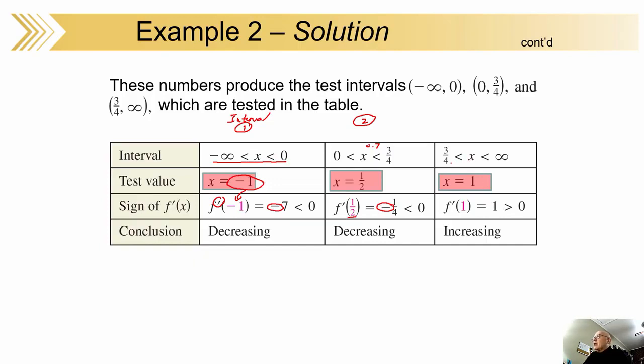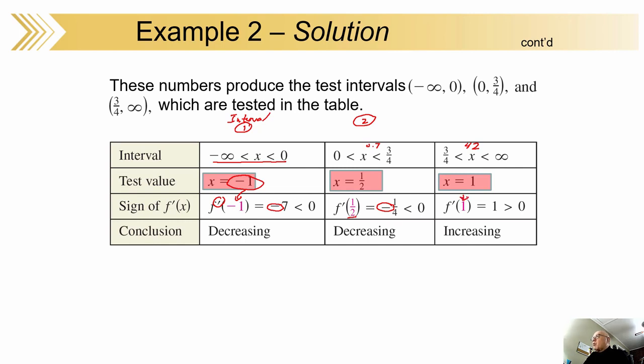And third, you have this third interval, which seems bigger than the other ones. You can pick anything in there you like. If I'm going to pick one, since I don't have to do all this manually, maybe I'll pick a 42. Maybe that's my favorite number. And I'll put the 42 in here.